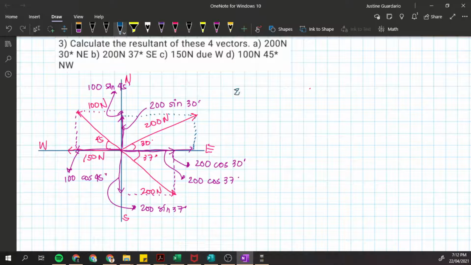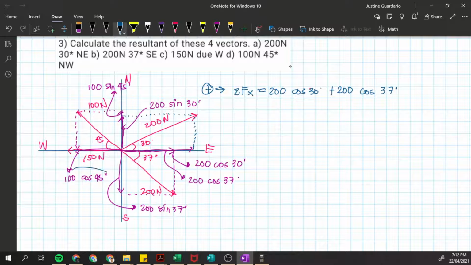Okay, recall natin, we can take the summation of our forces. Okay, and summation of our forces in the horizontal, merong x sub dito, F of x. Tapos, sabihin natin, lahat ng ating forces na pupunta sa ating positive x-axis or towards the east, okay, is positive. So, we just add those vectors. We have here 200 cosine 30. We also have 200 cosine 37.